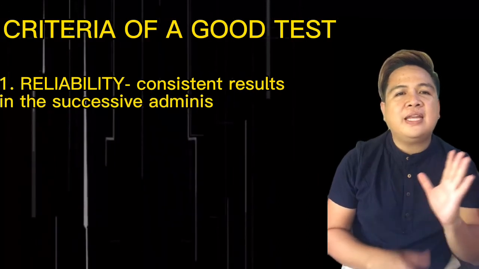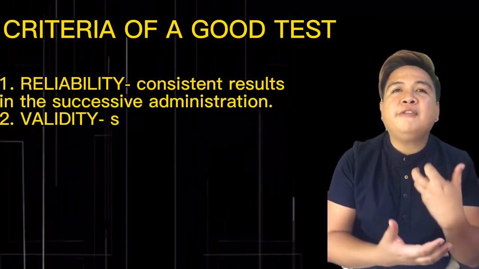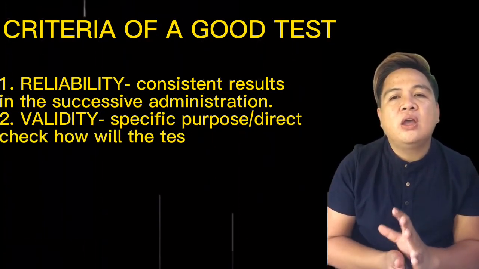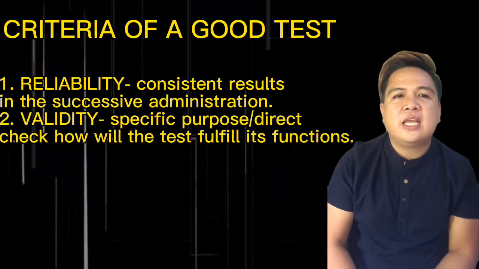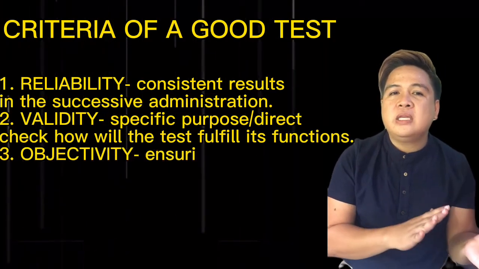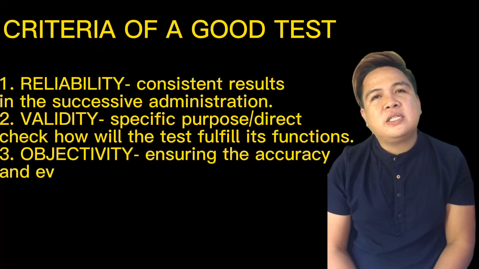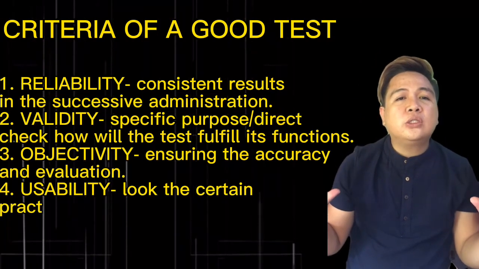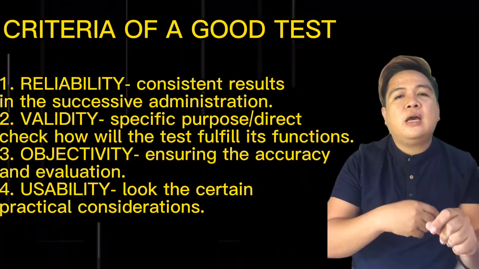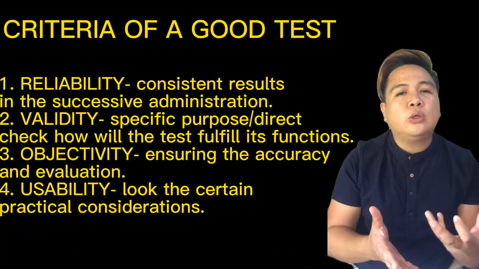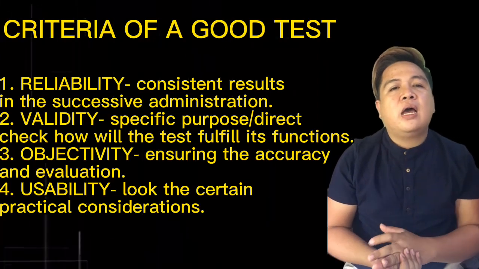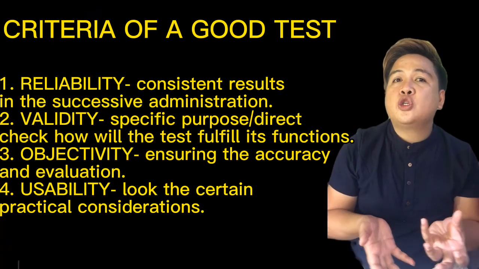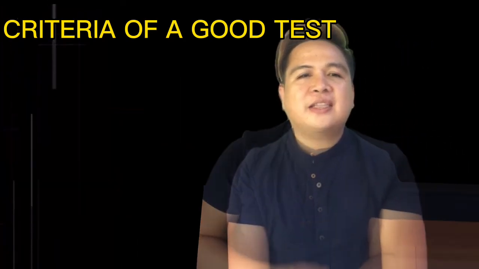Validity is the specific purpose or direct check on how well the test fulfills its functions. Objectivity means ensuring the accuracy of evaluation. And usability is the outlook or the certain practical considerations; it is something about the features of your test.